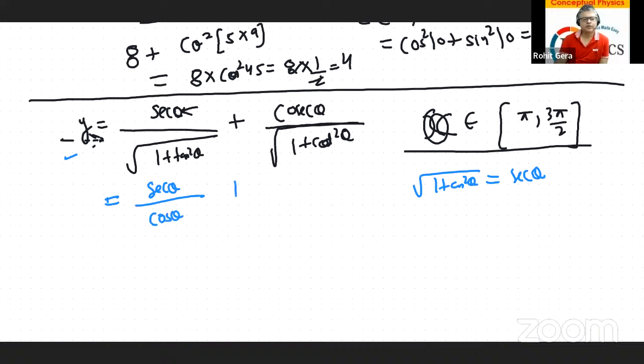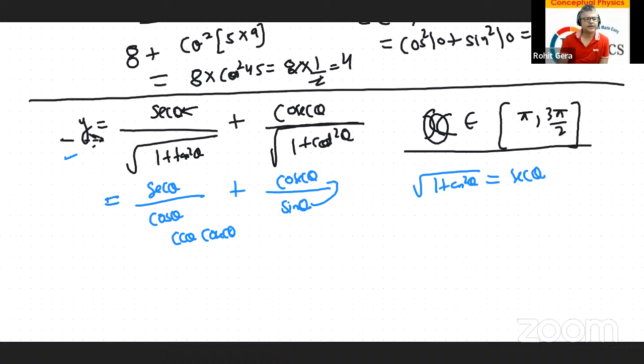Plus secant theta upon sin theta. So if I take it on the top, this will become secant theta cosecant theta, 2 times. Both are the same. Sorry, this will become secant square.